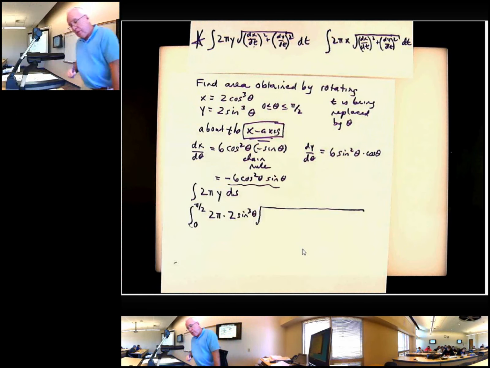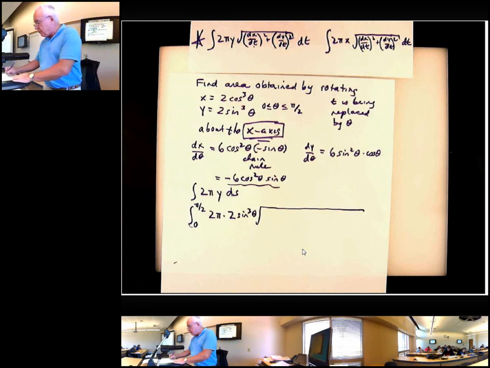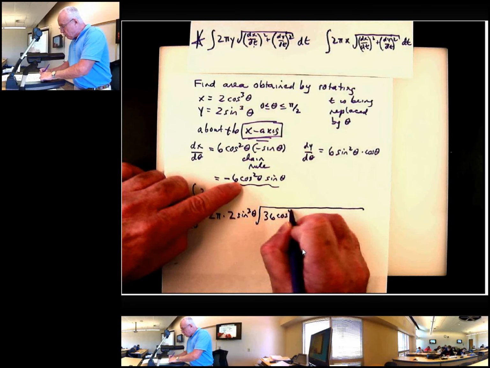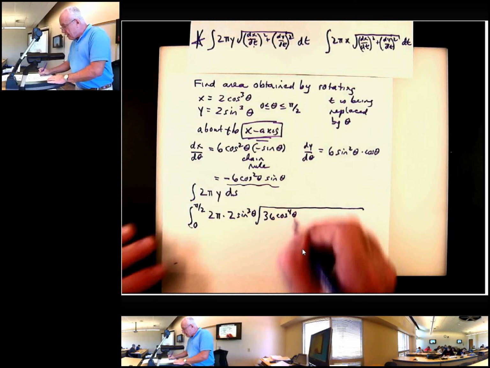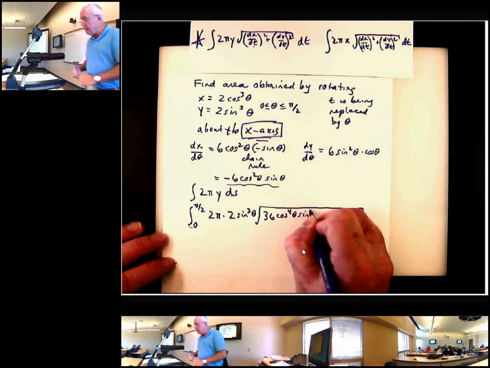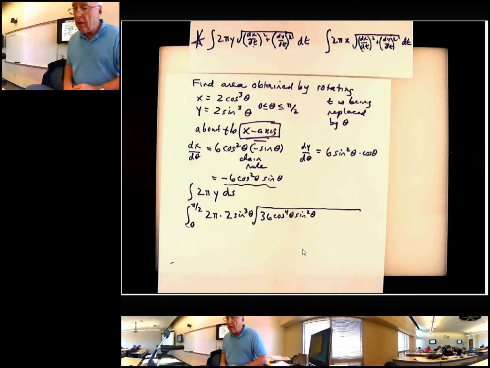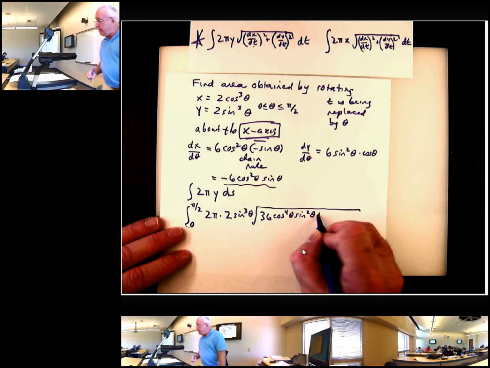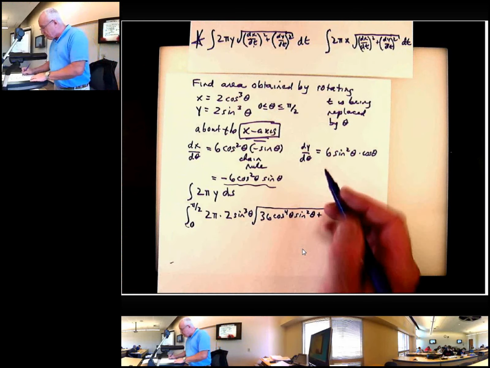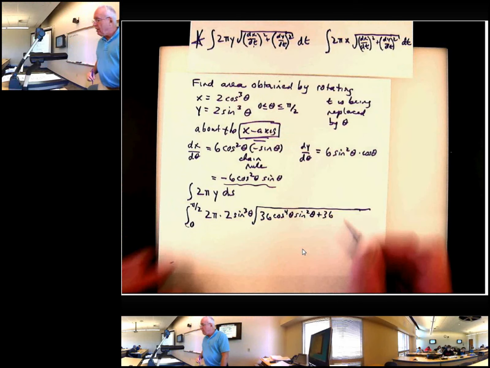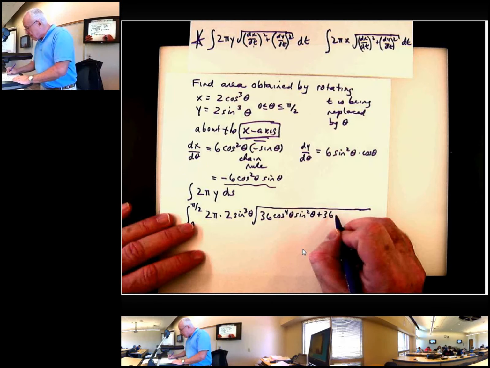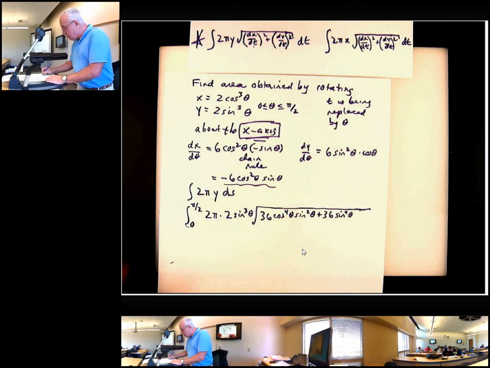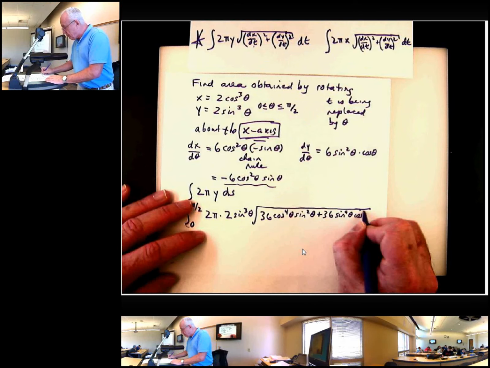We're going to get a positive 36, cosine to the 4th of theta, and sine squared of theta. We square everything there. And then we have to square dy/d theta. So again, 6 times 6, we get another 36, sine to the 4th, and then cosine squared of theta.